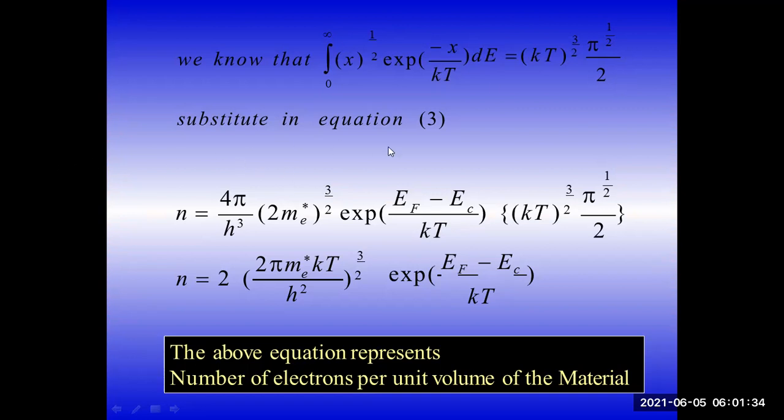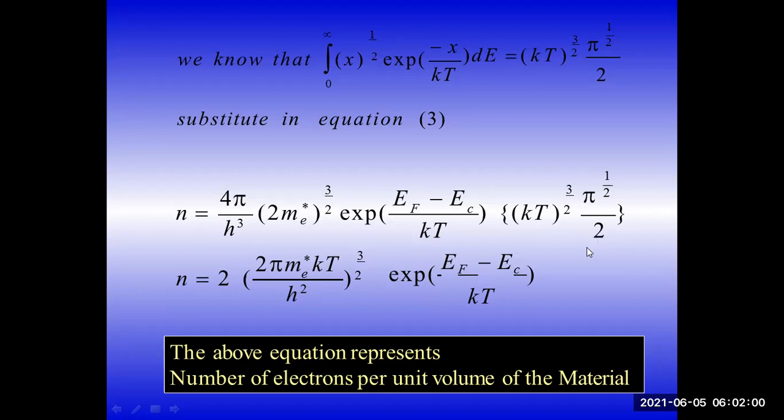So now substituting in this equation: 4 pi (2 me by h square) to the power of 3 by 2, exponential of EF minus EC by KT, times root pi by 2. All right. So what will happen is that it will go inside. See, root pi by 2, root pi already is there. So now this will go inside and it becomes (2 pi me KT by h square) to the power of 3 by 2, because this 4 and this 2 will get cancelled.